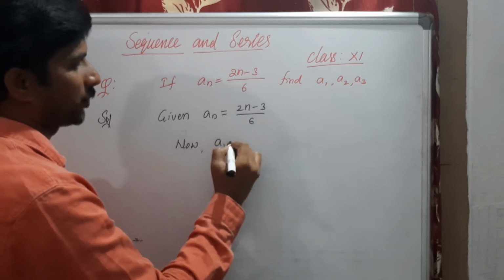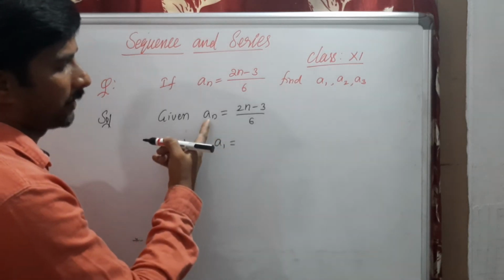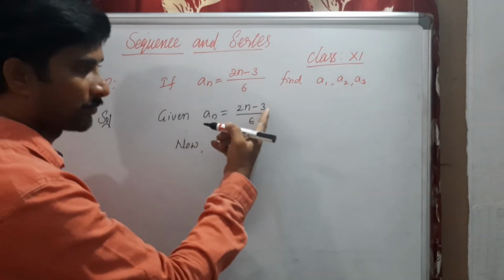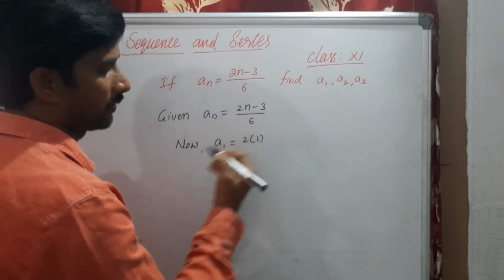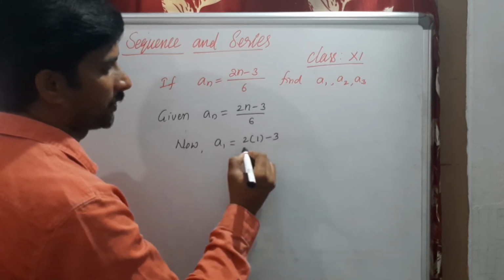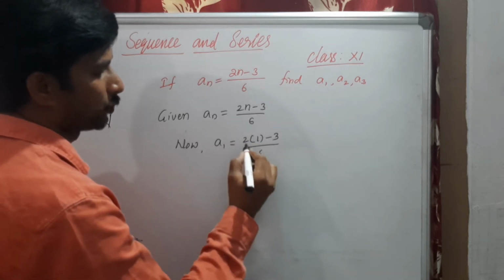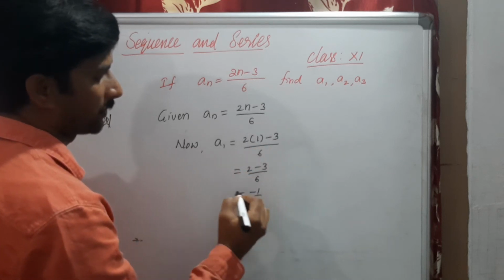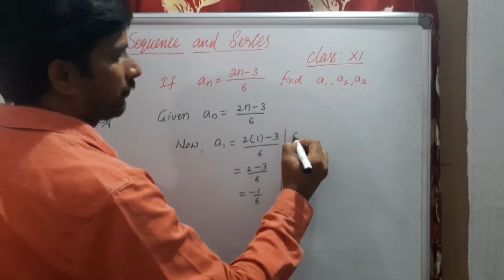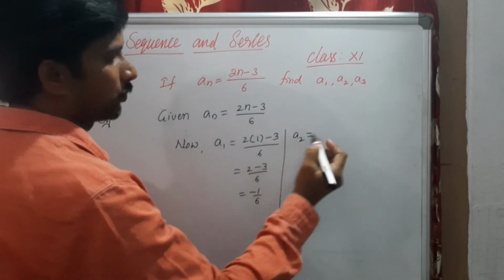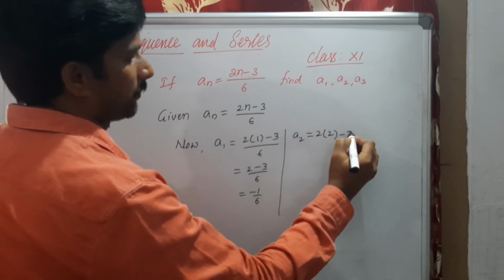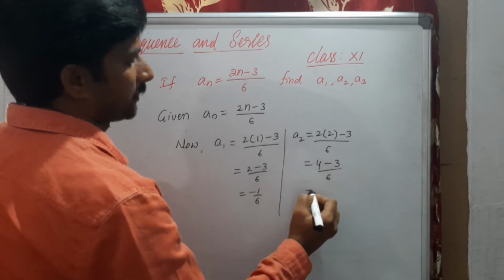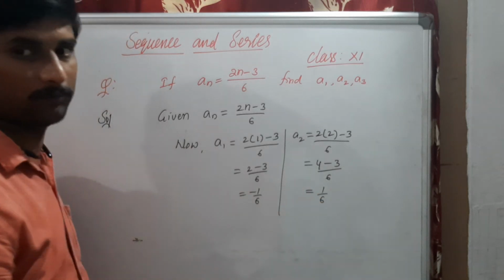On comparing an with a1, we have n is equal to 1. Substituting n equal to 1 on the right side, we get (2 into 1 minus 3) by 6. So 2 into 1 is 2, 2 minus 3 by 6, that is equal to minus 1 by 6. Now find a2, means n equal to 2. So (2 into 2 minus 3) by 6, that is (4 minus 3) by 6, equal to 1 by 6.